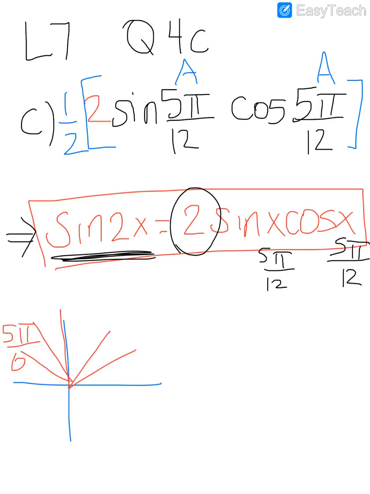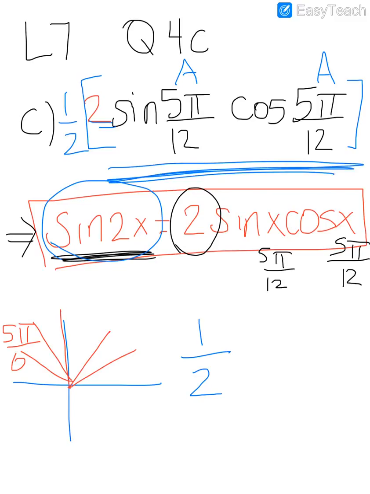But now that I've got that 2 in front of there, I could now rewrite this as my double angle. So I need to keep that 1/2. I can't drop that 1/2. And in my bracket now, this is a double angle. And that double angle is the sine of 2 times 5 pi over 12.